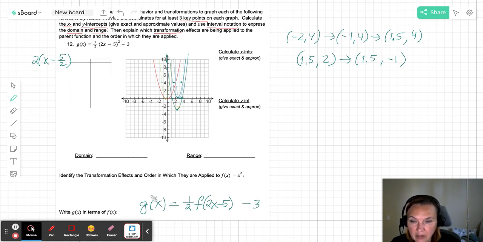So that is my function g of x in terms of f of x, right? And actually it's not going to be just f of x, it's going to be f of 2x minus 5 because I have to plug it in here. And that's our problem. That's it.